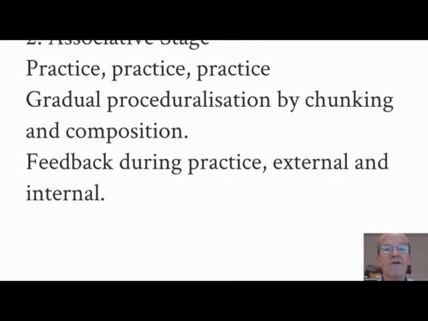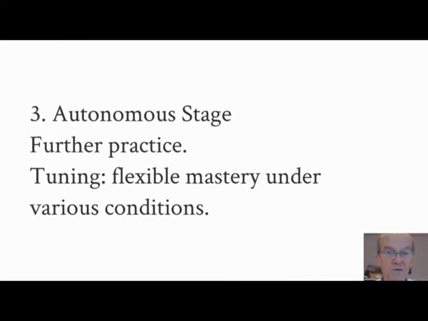And then we have the last stage, which is the autonomous stage, which needs further practice because you have now learned to play the piece in your own study room on your own piano, and perhaps you are able to perform it for your friends or relatives, and then you have to make the step towards the concert hall, the Concertgebouw hall, where you have to play it for an audience of a couple of hundred people.